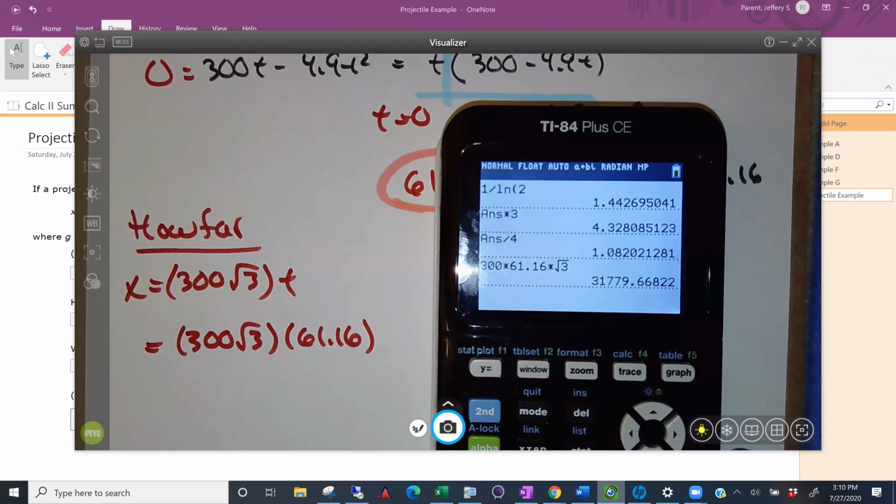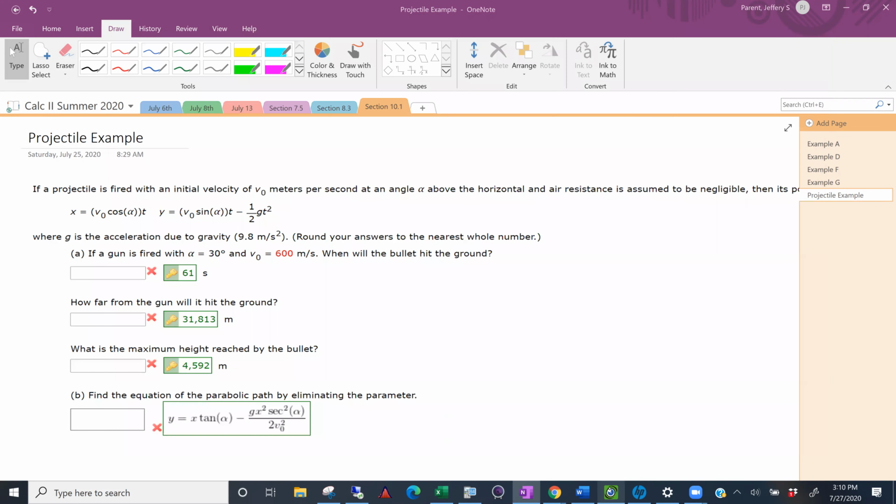Let's see if this matches what they have in the book. No, not quite. I wonder. That's a little bit better.